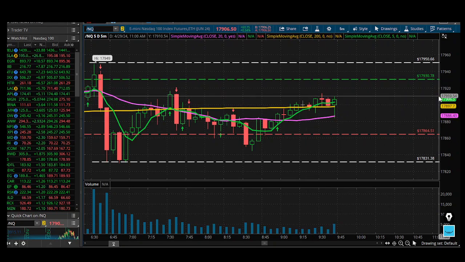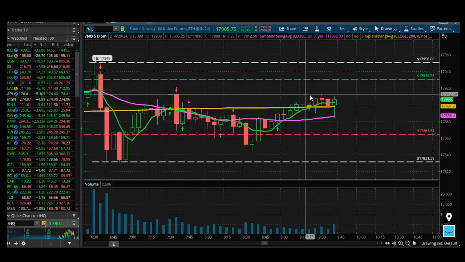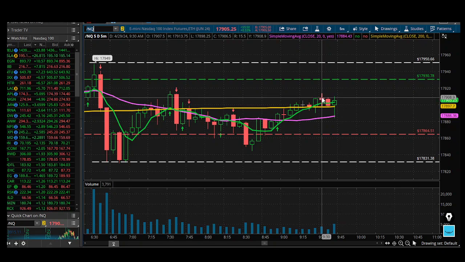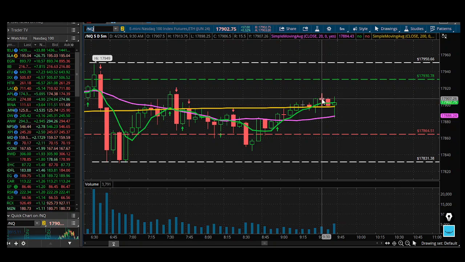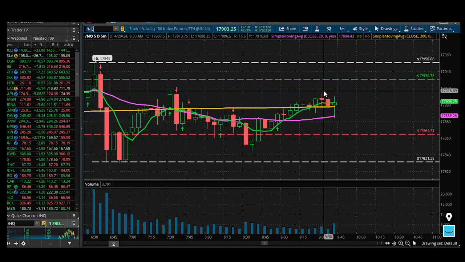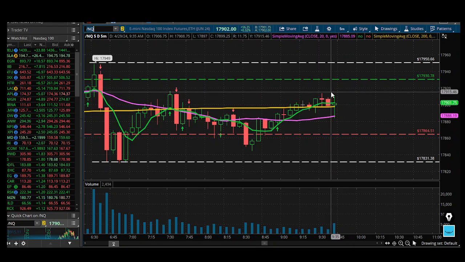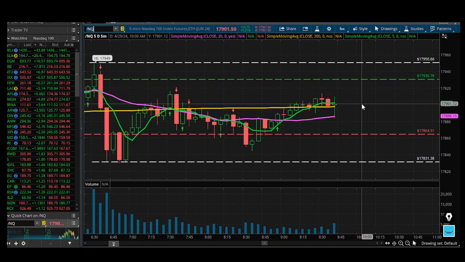Right? So right now, what am I thinking? Well, if we take out this previous swing high, this previous wick from around 10 minutes ago, then maybe we trade up to overnight session high, 17,930. Maybe, right? And if it confirms and never gets there, where's your stop?